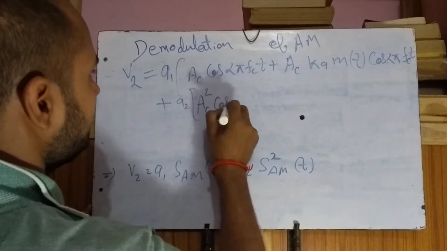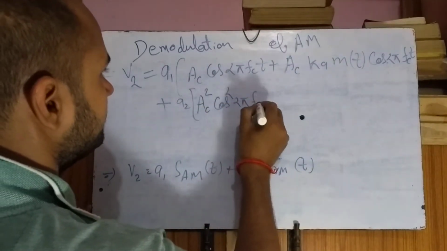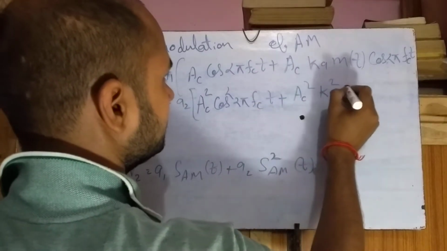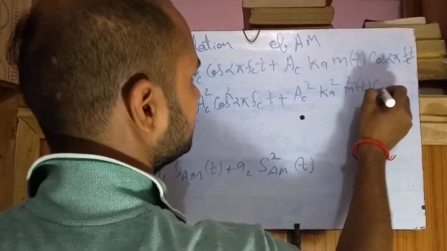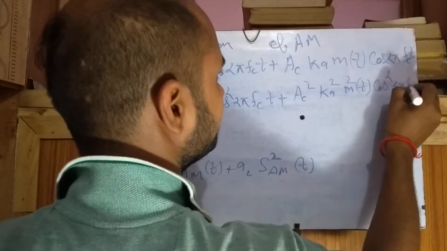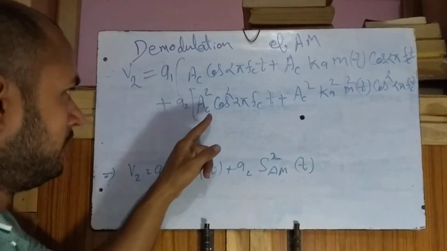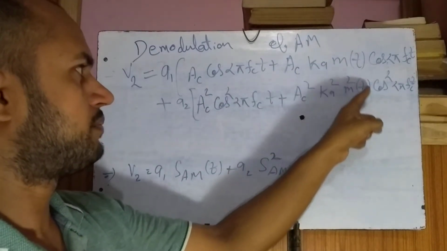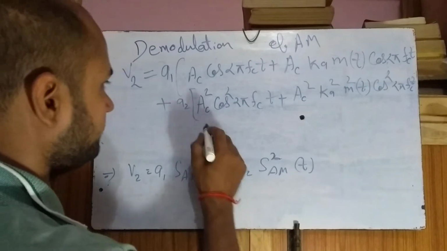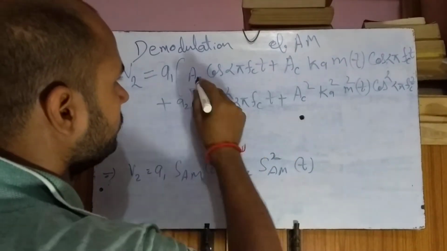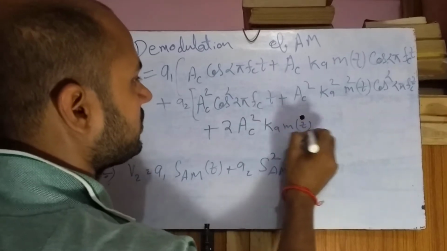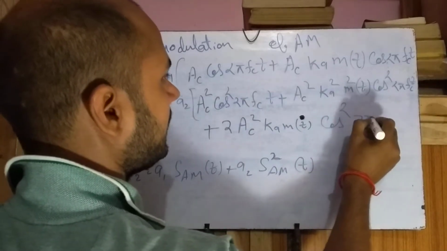So A square is Ac square cos square 2 pi fct, plus B square is Ac square Ka square m square t cos square 2 pi fct, plus 2AB. 2 into AB means Ac square Ka m(t) cos square 2 pi fct.